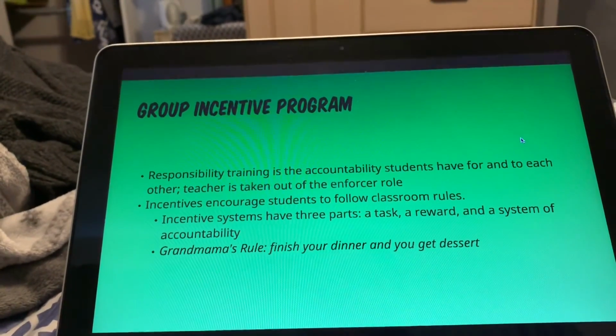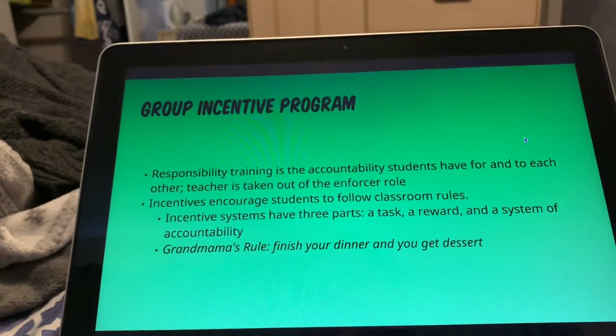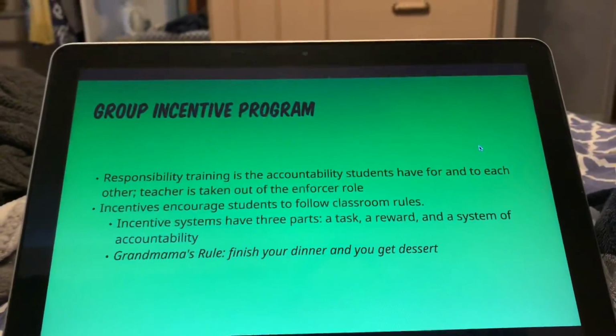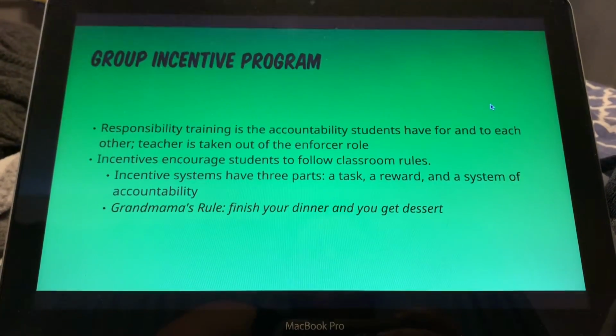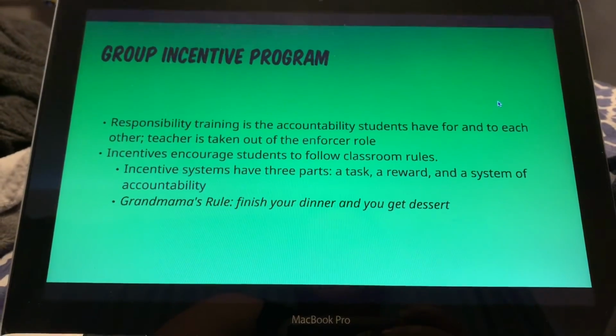It is planned as a normal part of the day. However, a reactive system is established in the heat of the moment and should be considered a bribe. And so responsibility training is all about getting your students to want to work and to have that accountability for each other and for themselves.